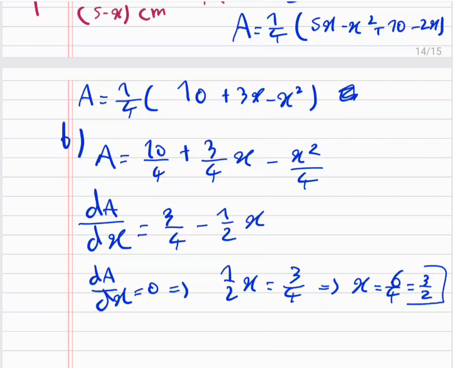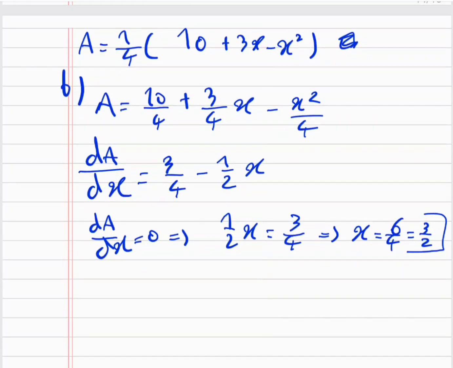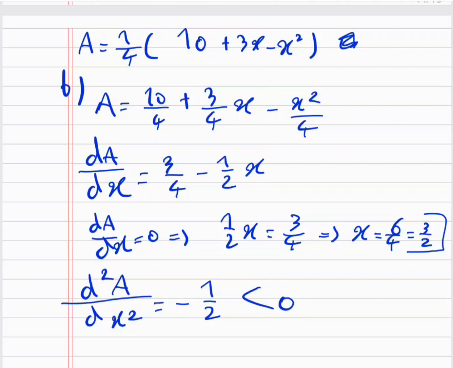Now we can double check that this is the maximum. We find the second derivative, d squared A by dx squared, which is minus a half. This is definitely a maximum because the second derivative is negative for all values.